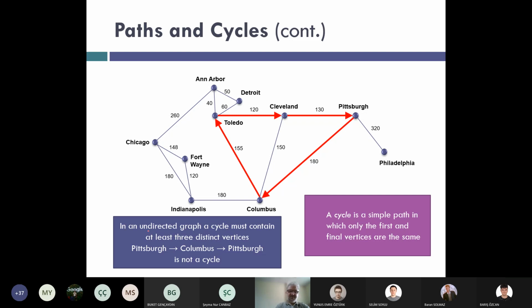In undirected graphs, the cycle must contain at least 3 distinct vertices. For example, Indianapolis, Chicago, Indianapolis is not a cycle actually. Indianapolis, Chicago, Fort Wayne, Indianapolis can be considered a cycle.